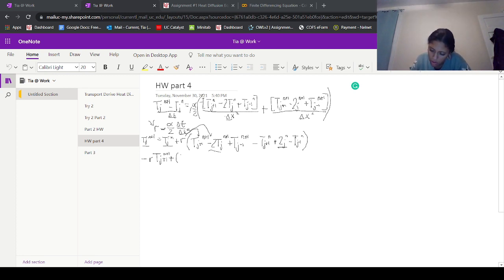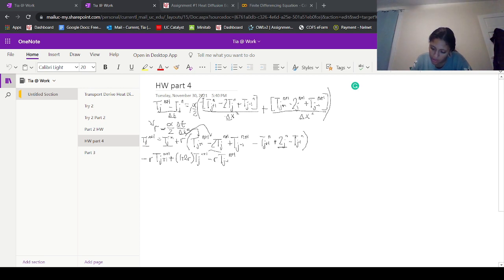Yeah, 1 plus 2R, and then temperature at position J at time n plus 1. Let's go to text mode, move over. And so then we're also going to have negative R times temperature at position J minus 1 at time n plus 1, right?